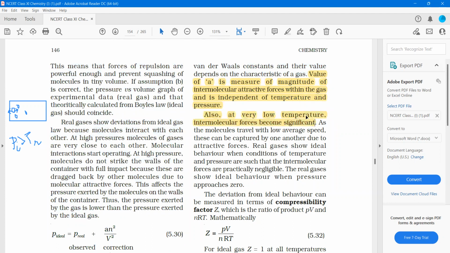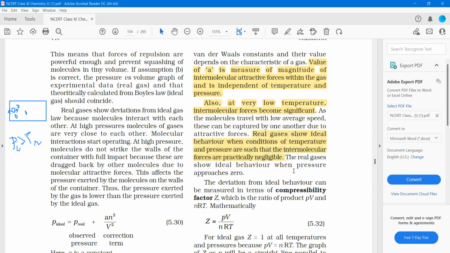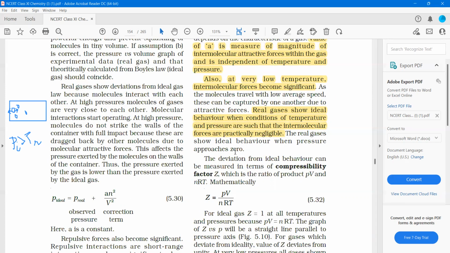Also, at very low temperature, intermolecular forces become more significant because the thermal energy decreases, right? So as the molecules travel with low average speed, they can be captured by one another due to attractive forces. Real gases show ideal behavior when conditions of temperature and pressure are such that the intermolecular forces are practically negligible. So real gases show ideal gas behavior when the pressure approaches zero.